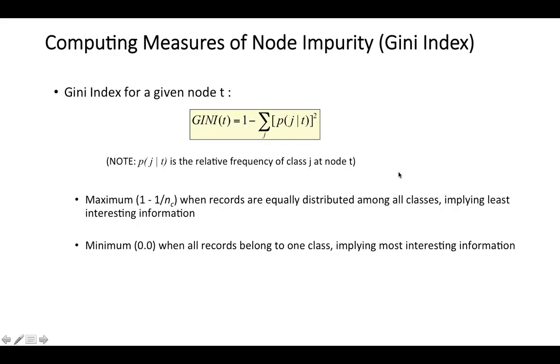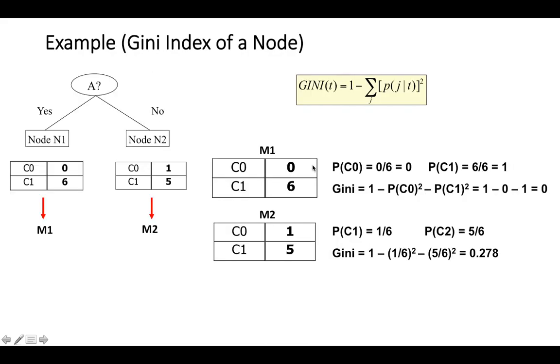So for the Gini index, that measure of impurity is given by 1 minus the summation of p(j|t) squared, where p(j|t) is the relative frequency of class j at node t. For instance, let's compute the Gini index for this example. You have an attribute A and you have nodes N1 and N2.